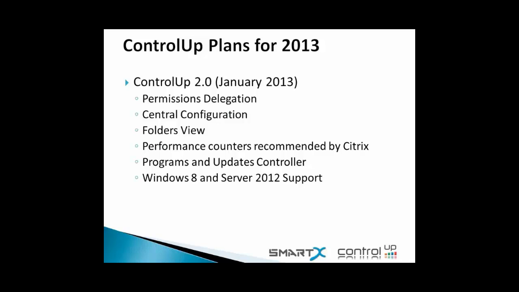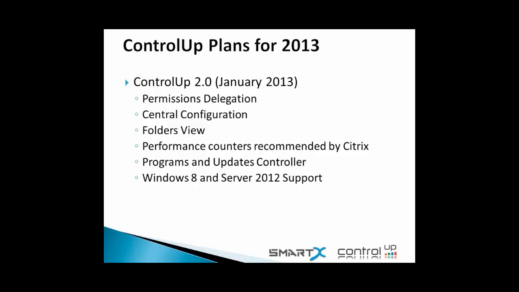Right. So moving on to the ControlUp 2.0 version. As mentioned, we are planning to release this in January. Fingers crossed, we'll make it. We are currently in beta phase. On this slide, you can quickly see the major new features included in this release.